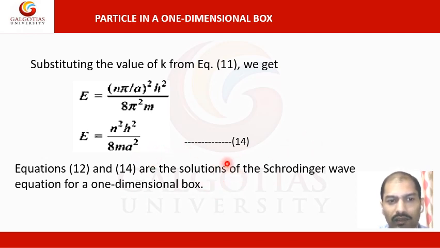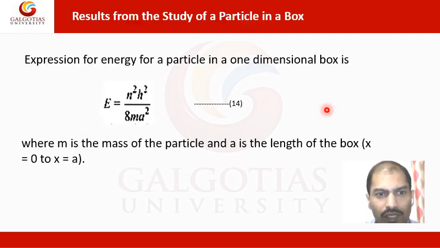Now you see the expression for energy of a particle in a one-dimensional box. Here m is the mass of the particle and a is the length of the box. It is the box length from 0 to x, where x has the value of a. This is the distance within which you can assume the particle in one direction, or in the x coordinate.